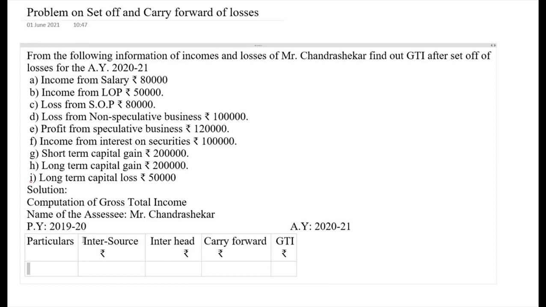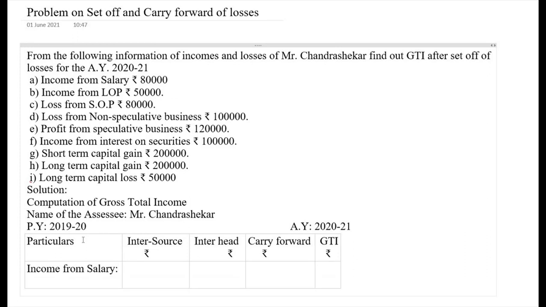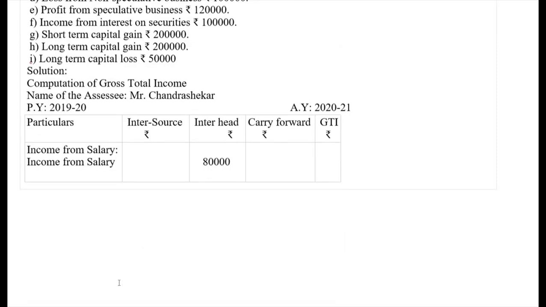So now let us go for finding here. The first head here is income from salary, which can be used for interhead set off, which is given as rupees 80,000. Then the next head here is income from house property.